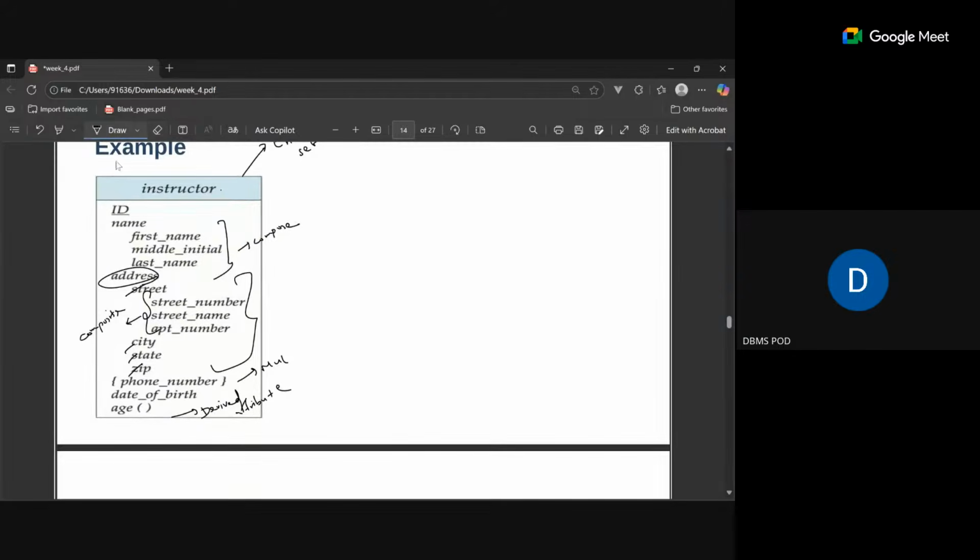And the underline says this is a primary key. Any doubts here? No, sir. Okay.